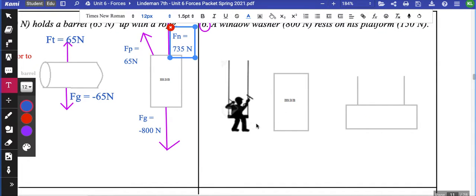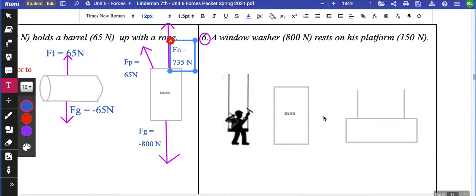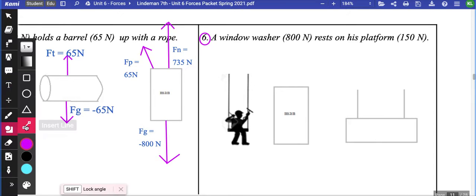We are going to treat this as stacked objects because we have a man stacked on top of a platform. Okay? So we're going to always start with the top thing, and the top thing here is the man. So we have his shape, and we're going to have a downward force for his gravity force.